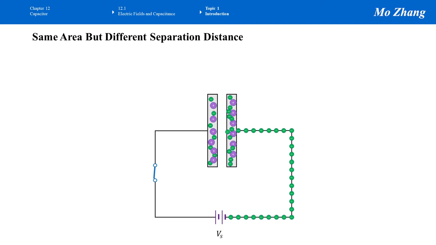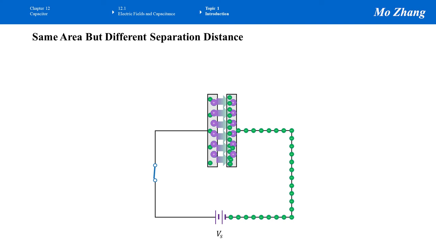So once electrons enter a plate, such as here, the plate on the right-hand side, these electrons attract the protons on the other plate. At the same time, these electrons push the electrons on the other plate. The protons on the other plate are closer to these electrons than the electrons on the other plate, so the attraction force is stronger.